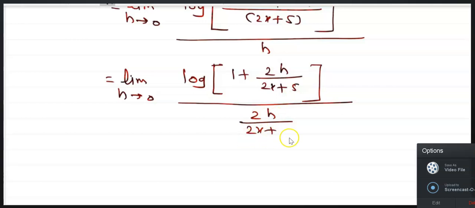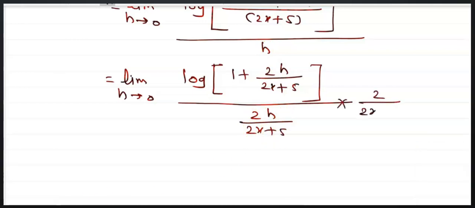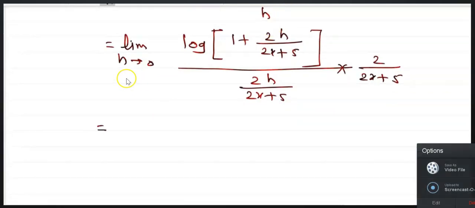But here we have only h. Therefore, we will adjust here 2 upon 2x plus 5. Therefore, here limit h tends to 0. Basically, we have only the h here. This is h. But what is the next term? That is 2 upon 2x plus 5.